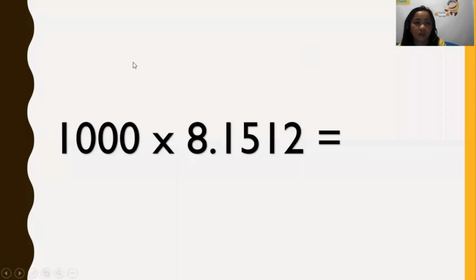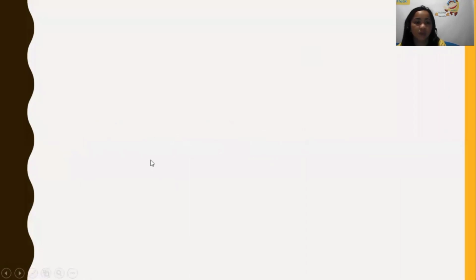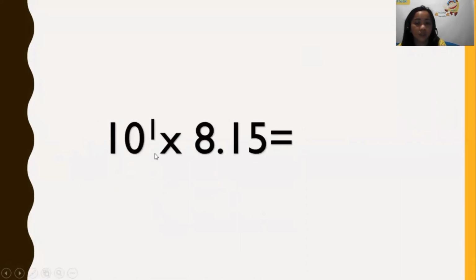Let's have another example. We use exponent. 10 raised to 1 times 8 and 15 hundredths. Shortcut natin, kung ano yung exponent, yun ang bilang ng move ng decimal point. So we have 81 and 5 tenths.